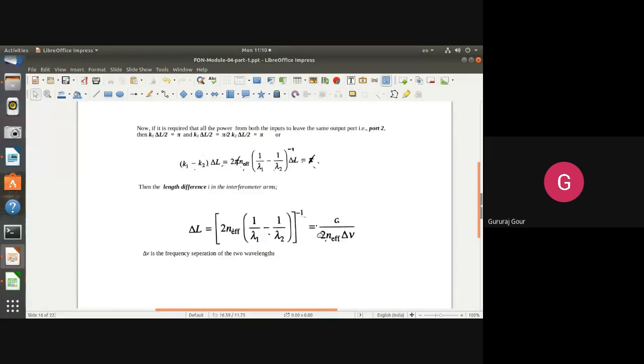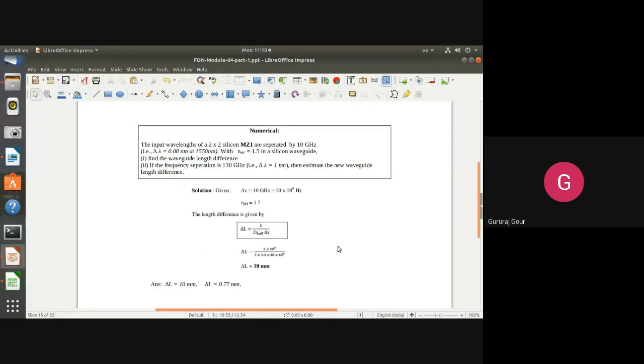So you can use this formula, not the one with lambda 1 and lambda 2. If lambda 1 and lambda 2 are given, you could have used that one. You have to remember both. As delta V is given, you can directly use this one. With the velocity of light and n effective 1.5, not 1.1, and delta V as 10 gigahertz, make the substitution.